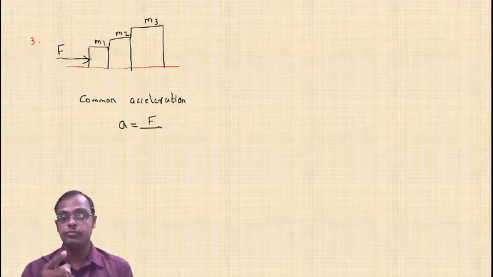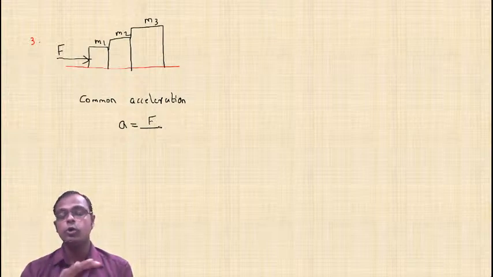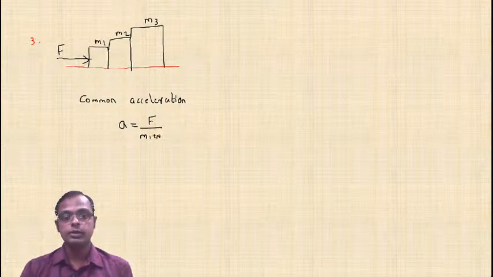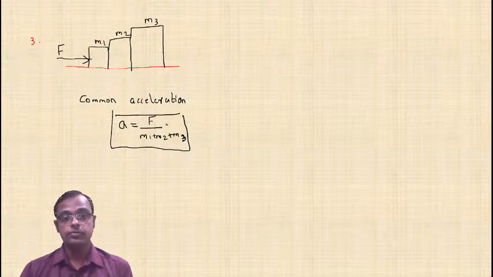Now you may be confused about why we are taking all the masses together. For those who have confusion, the applied force makes the whole body accelerate with a common acceleration. So that's why we have taken the applied force divided by total mass, M1 plus M2 plus M3. That is the equation for common acceleration if there are three masses together.